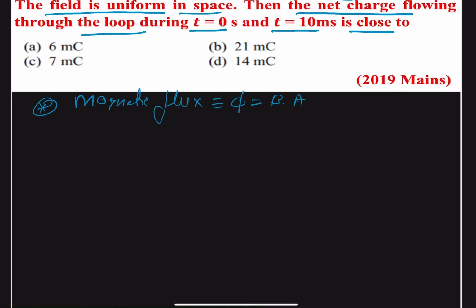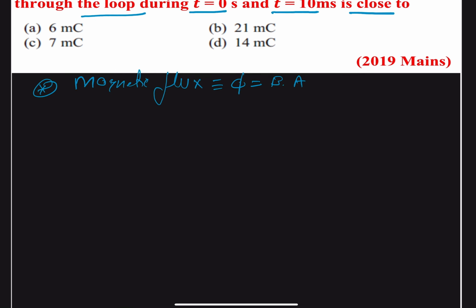So magnetic field is given as time dependent, so we can modify this equation as phi of t is equal to magnetic field that is time dependent times area A, and it is given as 0.4 sine of 50 pi t.